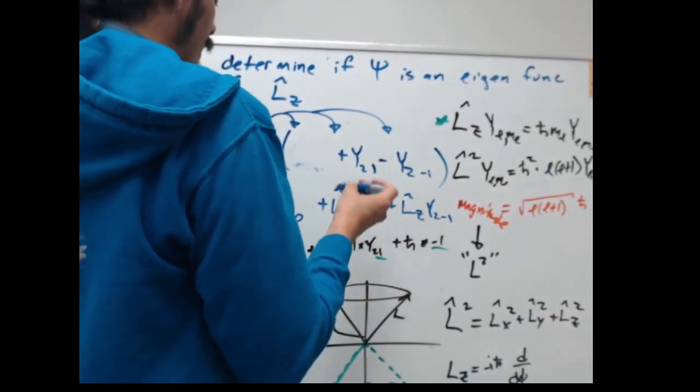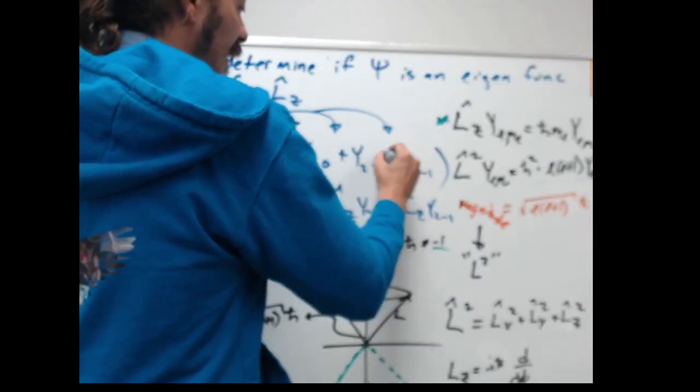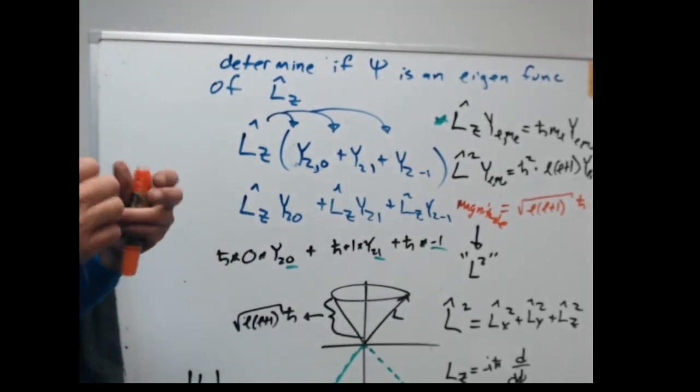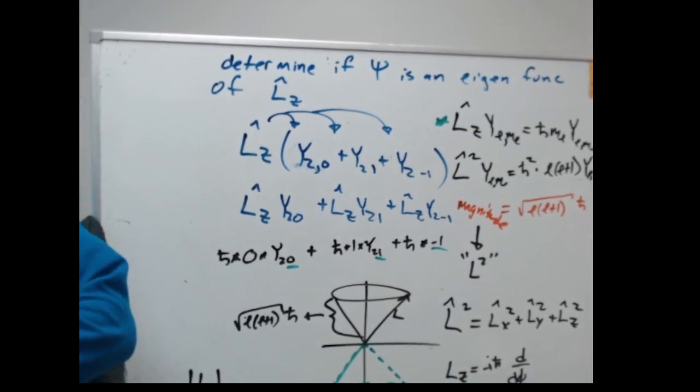Yeah, so if the m sub L values were all the same, then it would still be an eigenfunction of LZ. Right, so this means when we want to start making these things, these linear combinations of orbitals, we can decide, do we want them to be eigenfunctions of L squared or LZ?